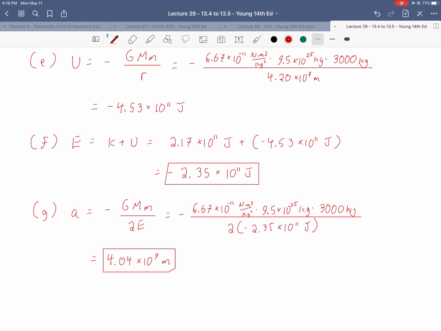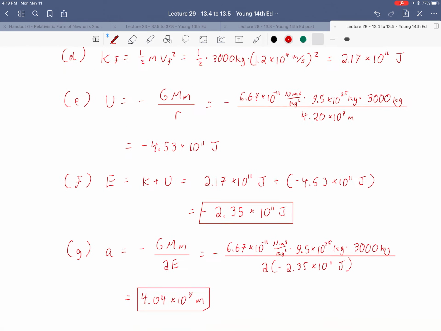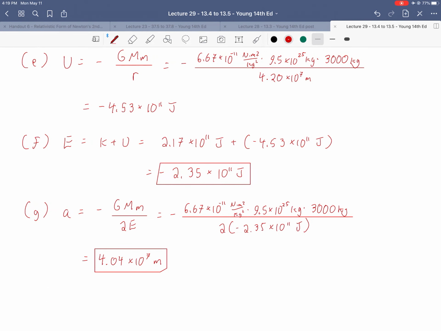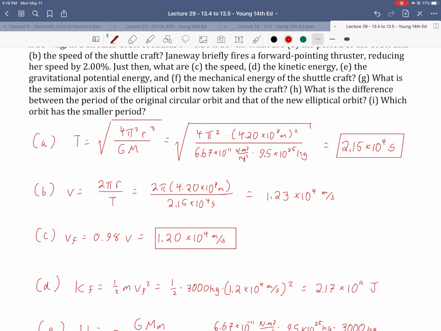And then we want to solve for H, let's see. Yep. So then we'll solve for H. Now, I said I was going to cheat and use Kepler's third law, because we've used this relationship between the period and the radius for circular orbits. Well, it turns out the exact same relationship holds for elliptic orbits.